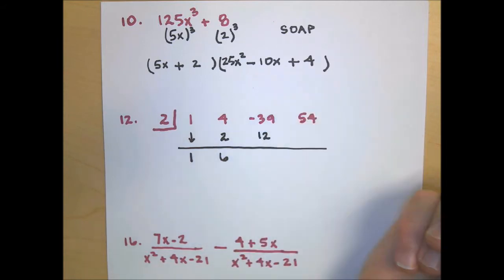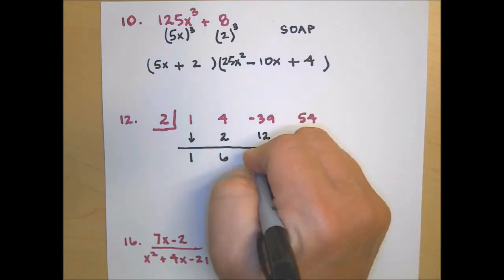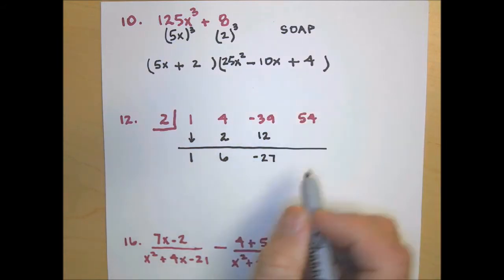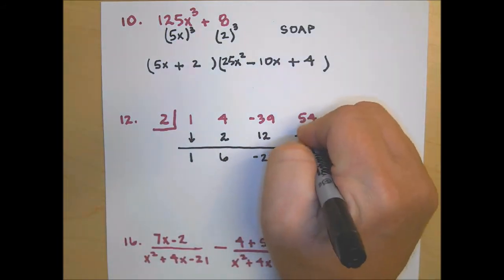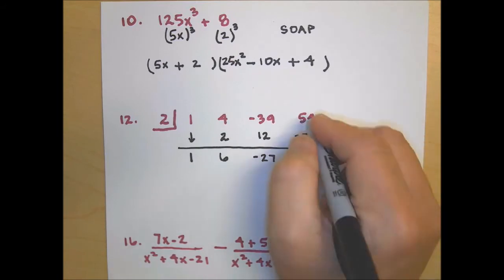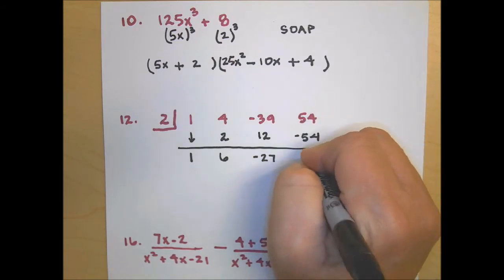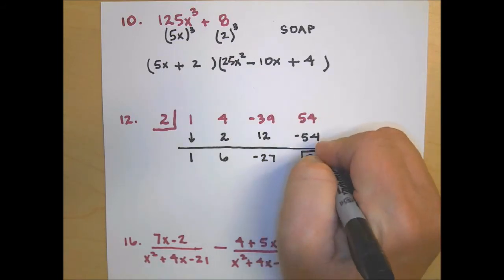Negative 39 plus 12 is negative 27. 2 times negative 27 is negative 54. 54 plus negative 54 is 0. So remember, that's the remainder.